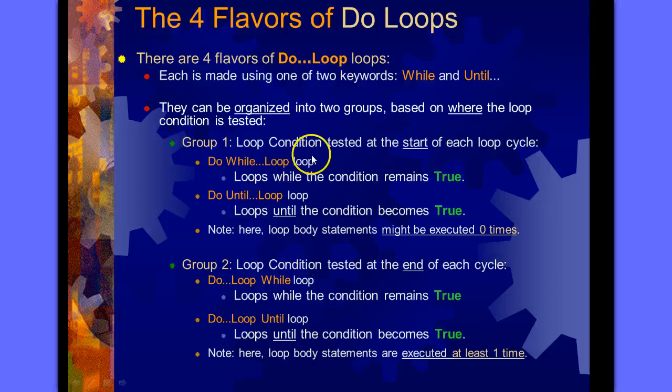So we'll see that in a minute, but that's the effect, that you'll get one extra iteration out of it before it stops. And then again, you can also use until. The words while and until have slightly different meanings, so depending on which one you use, you get a slightly different effect. So we'll see those shortly.